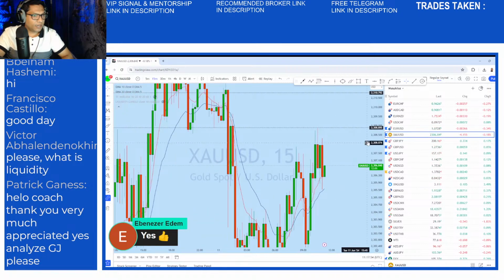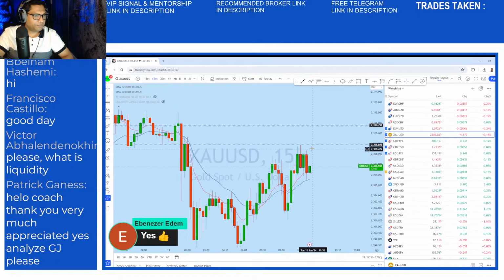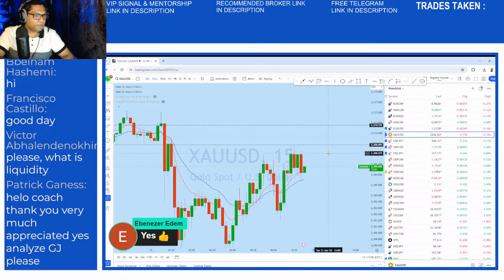This is a high liquidity area, because we got that liquidity gap here, expecting it to move up to the liquidity zone and then to drop down in that direction.